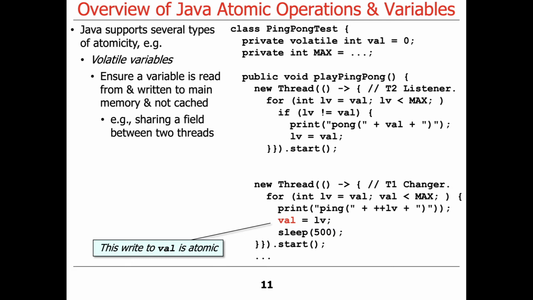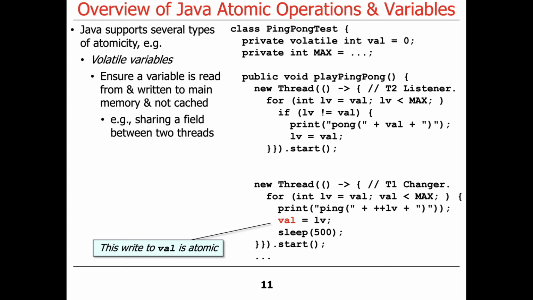That thread starts up, and that's the loop it's going to do. Down here, this thread starts up by writing ping, and then it increments the loop counter by 1. That's also an atomic read, of course, to assign that. And this will then set the value to val.